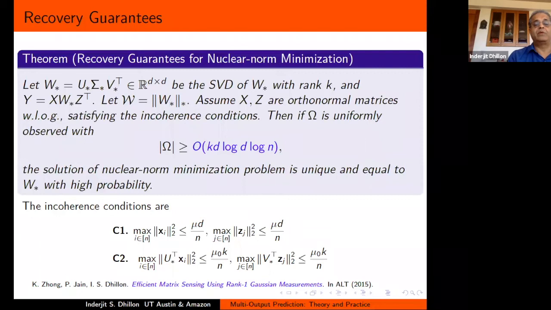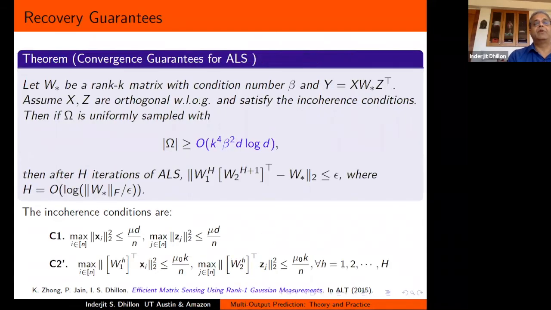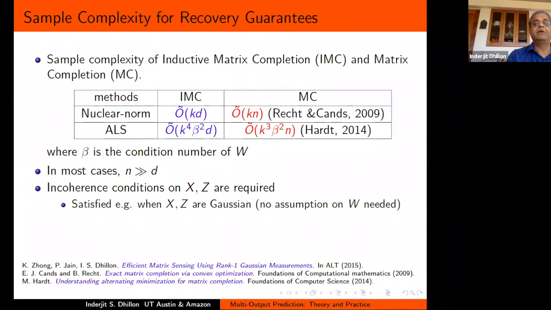Along with my students, two of my ex-students now, we showed this result in a 2015 paper that said that yes, you can get recovery guarantees for inductive matrix completion for both algorithms: the algorithm that minimizes the nuclear norm and also the algorithm that uses alternating least squares. And this method is actually used quite a lot in practice.